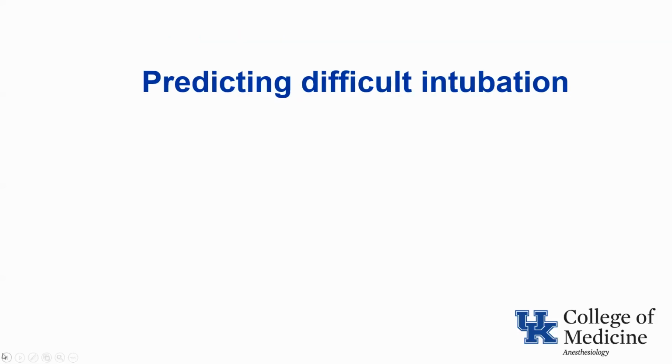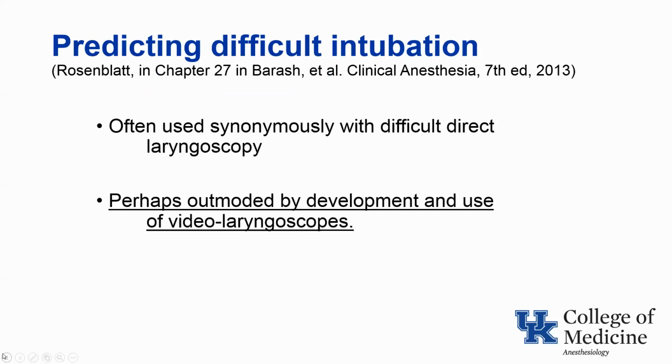Next, the issue of predicting difficult intubation. Rosenblatt in Barash's textbook suggested this is often used synonymously with difficult DL. However, perhaps this definition is outmoded with the development and use of video laryngoscopes.